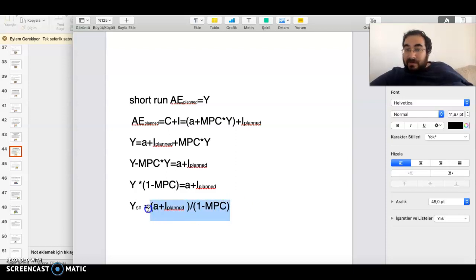What was the expression 1 over 1 minus the MPC? Since I can separate this, also the multiplication term. Let's do that actually.